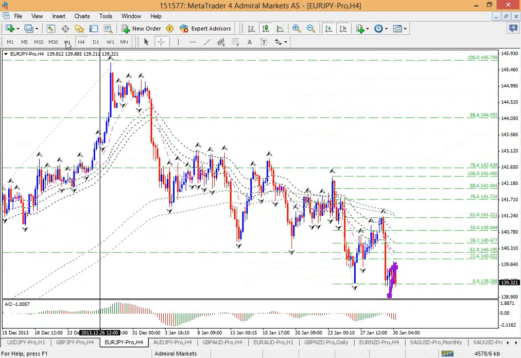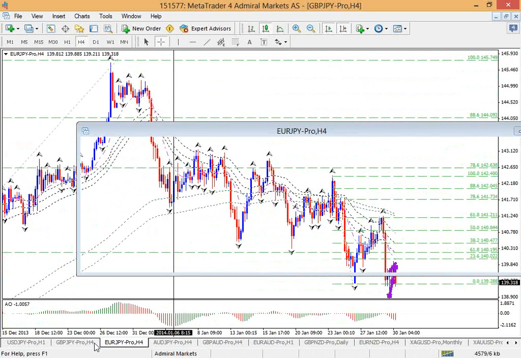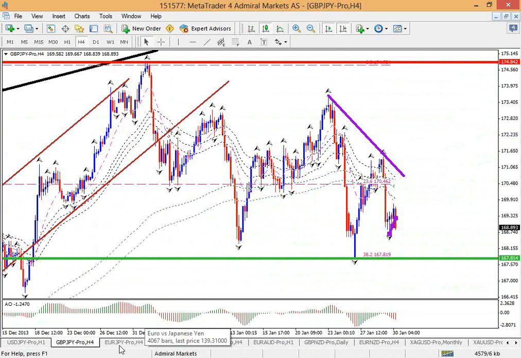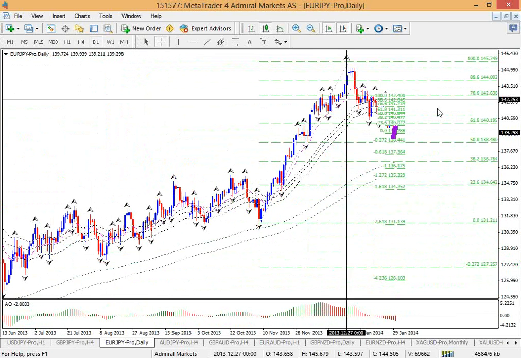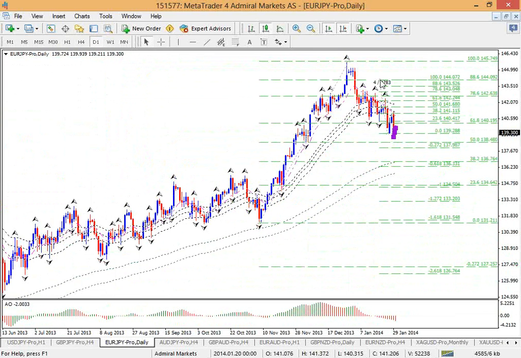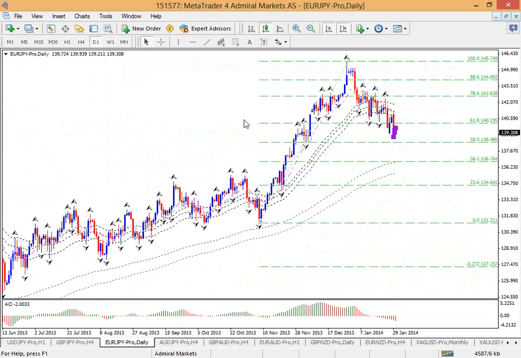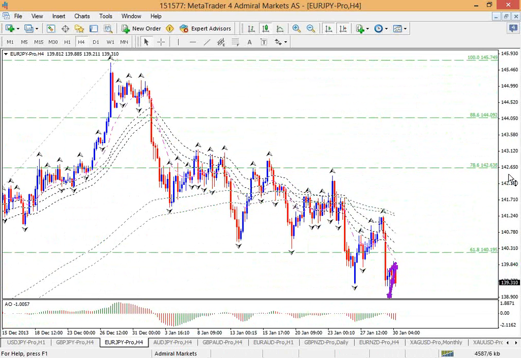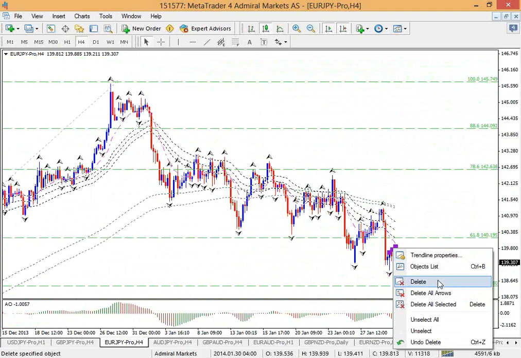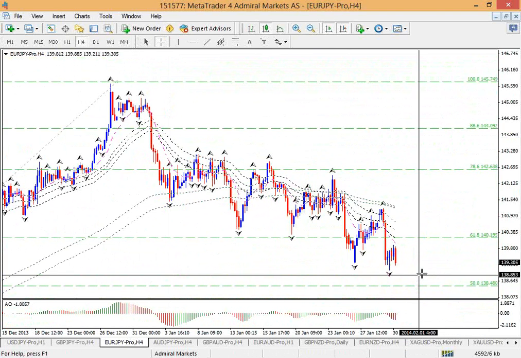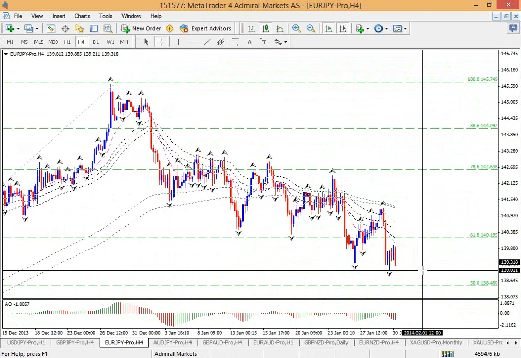Yes, I'm getting it mixed up with the pound yen for a second. One second. 130.09. I think it's not that important, though.